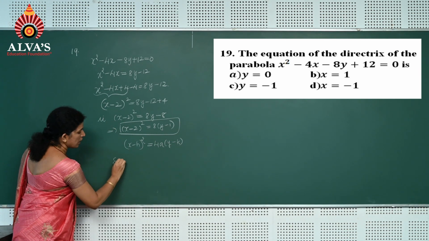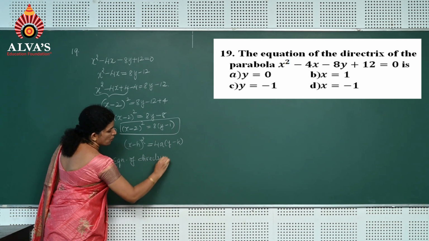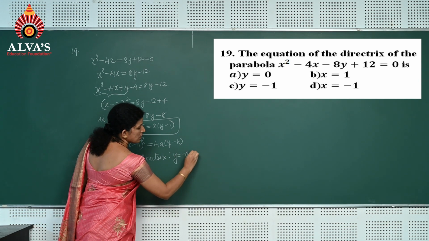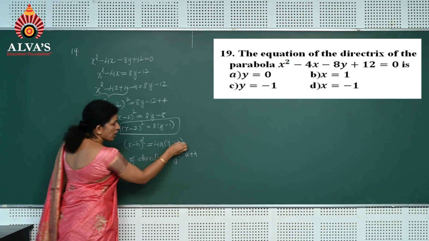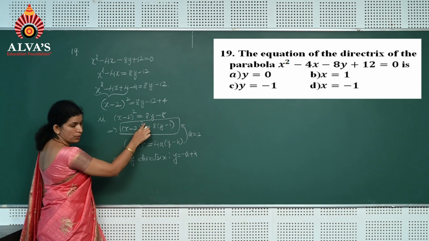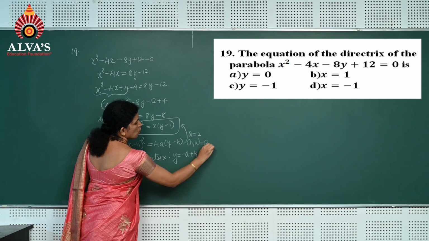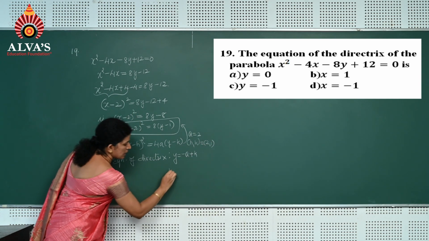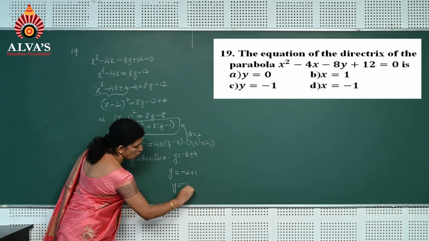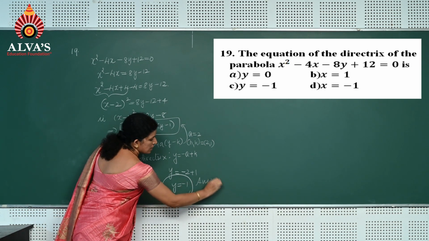We want the equation of the directrix. Equation of the directrix is nothing but y equal to minus a plus k. Comparing to this one, here a value is equal to 2 and (h, k) is equal to (2, 1). So the directrix is minus 2 plus 1, that is y equal to minus 1 is the equation of the directrix, that is answer is C.